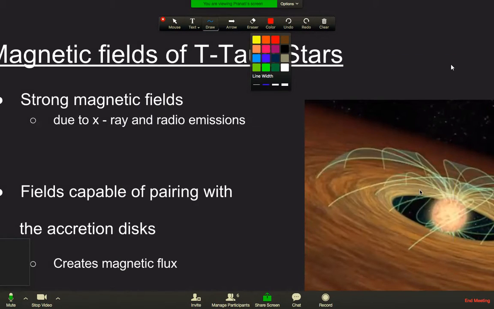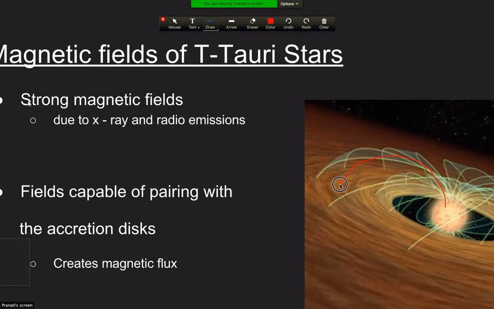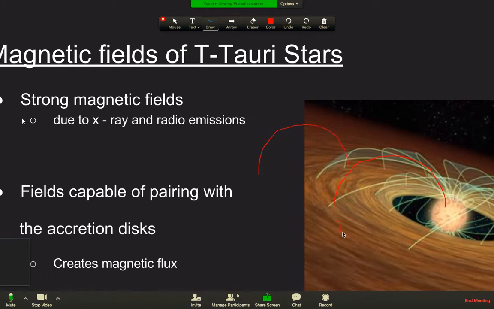If you were to draw magnetic field lines in this star, it would be something that comes out of there, goes into the disk, and then down, down, and then goes back to the star and closes up. See that? So the field lines are all closed up.